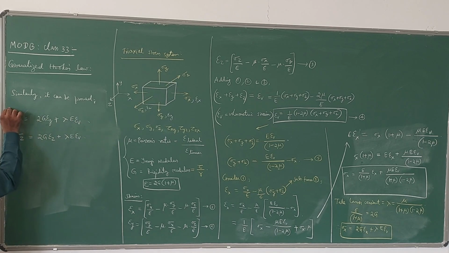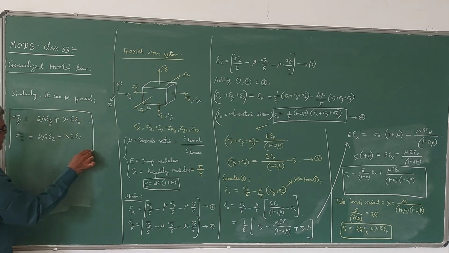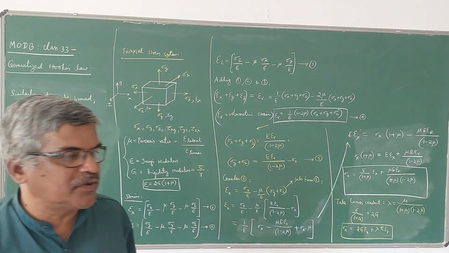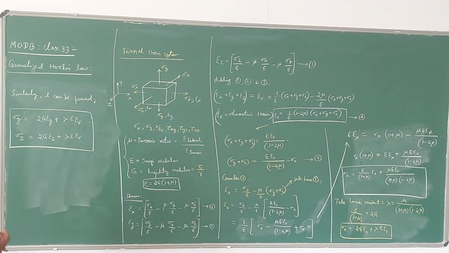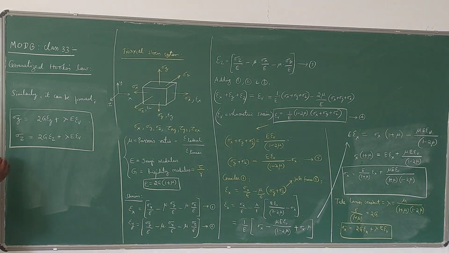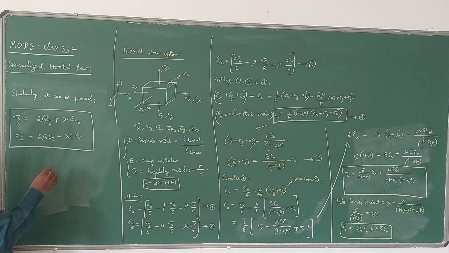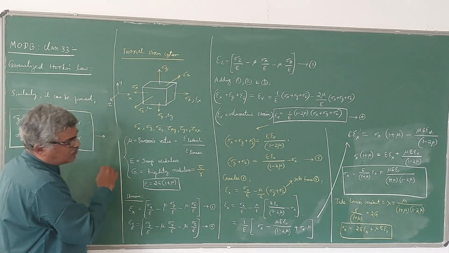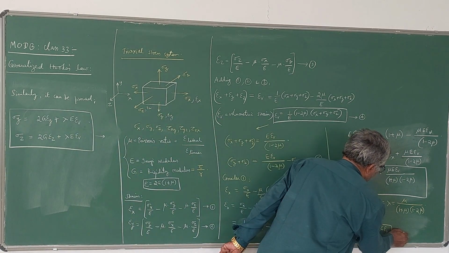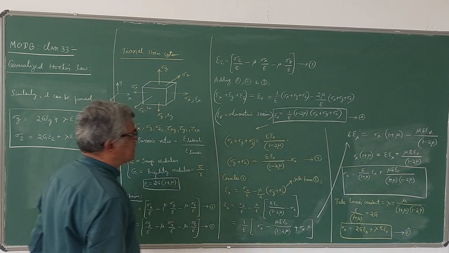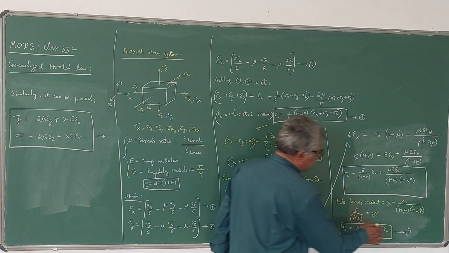So the second term, of course, remains the same. These three, sigma x, sigma y, sigma z, can be expressed in terms of epsilon x, epsilon y, epsilon z and epsilon v. So you can combine all these three; this is 5, no, this is 6 and 7.